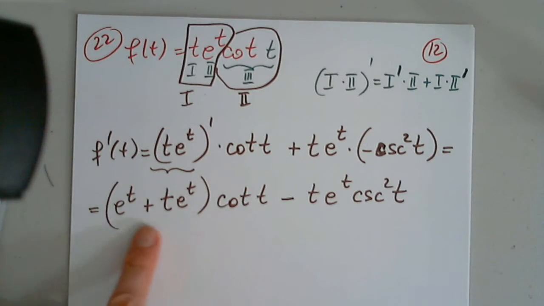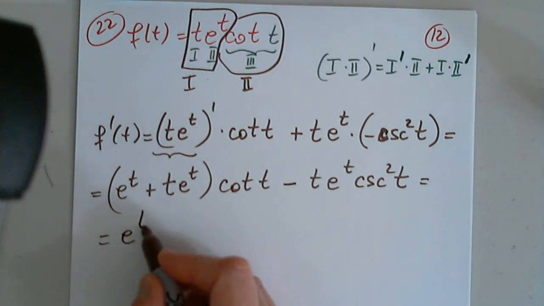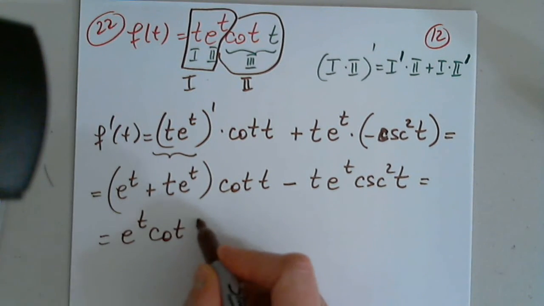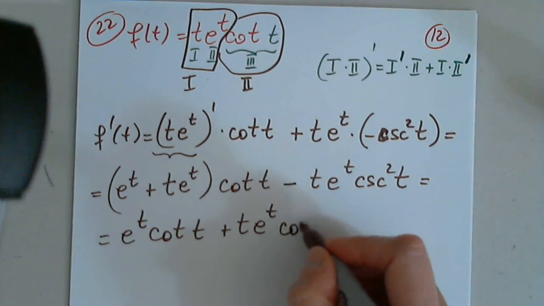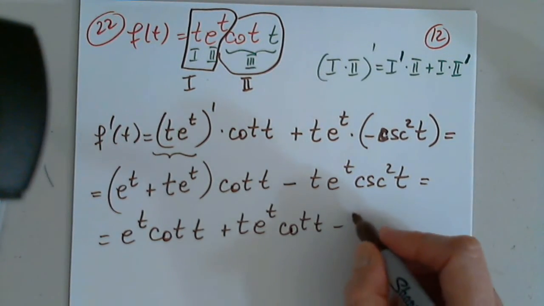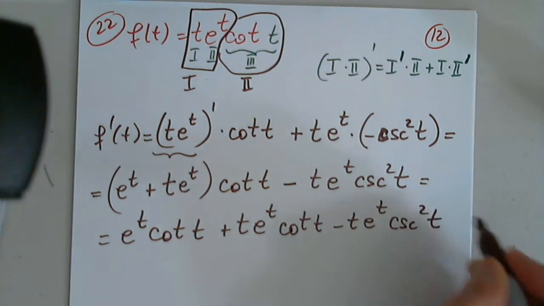And now I have to distribute, and it's done. e to t cotangent t plus t e to t cotangent t minus t e to t cosecant squared t.